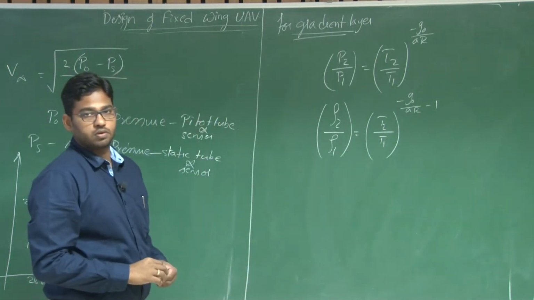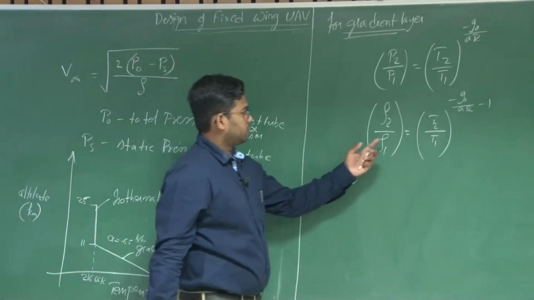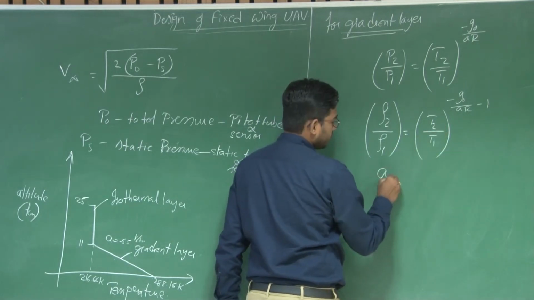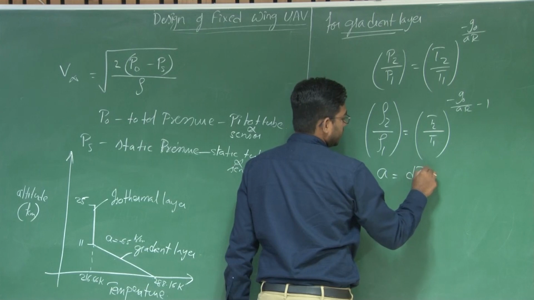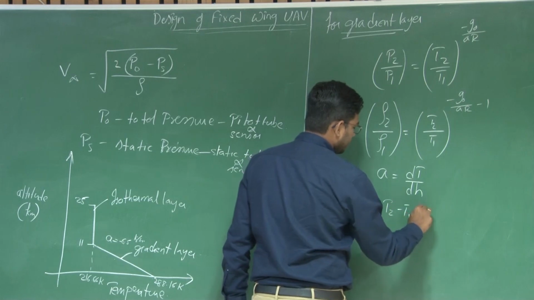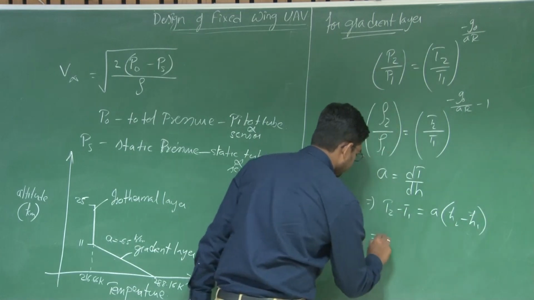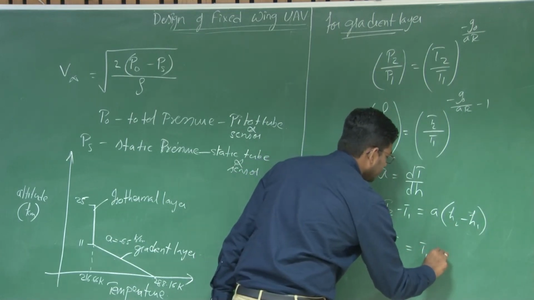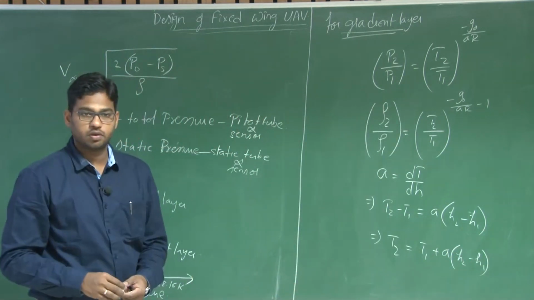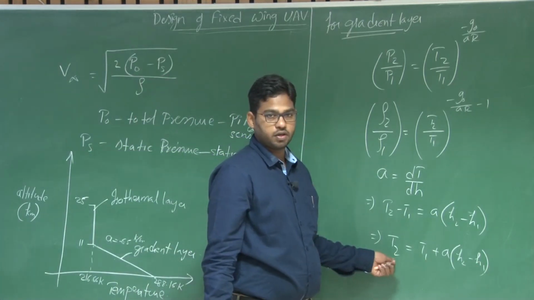If you know the altitude, you can find the corresponding temperature by the definition of the lapse rate, dT by dh. T2 minus T1 equals A into H2 minus H1, so T2 equals T1 plus A into H2 minus H1. If you know the altitude of your flight, you will be able to find the corresponding temperature here.